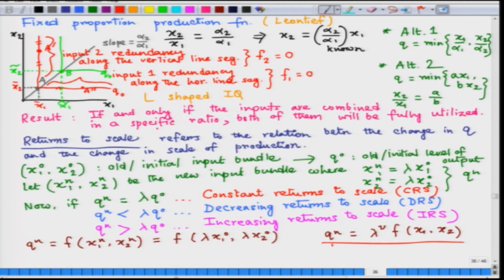So, this is known as homogeneous of degree v, and then we can look at various values. Now we can take various values, right. It can be greater than 1, it can be equal to 1, it can be less than 1 as well. So depending upon the value of v, actually we can call whether a production function shows CRS, IRS or DRS.